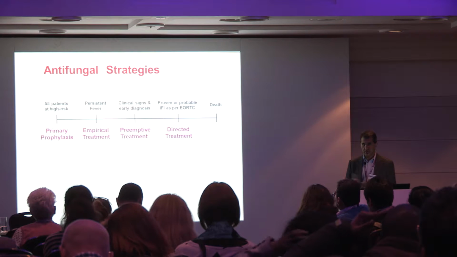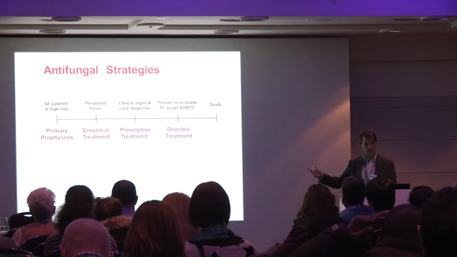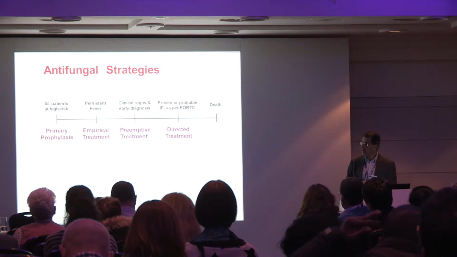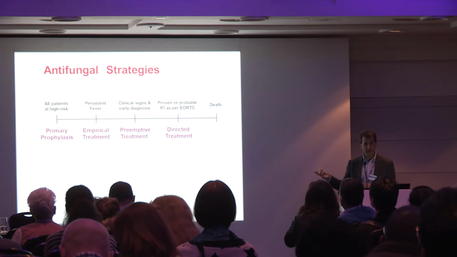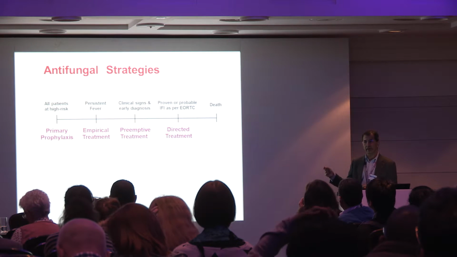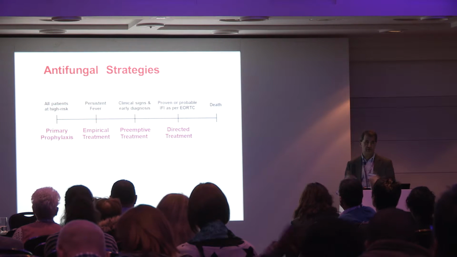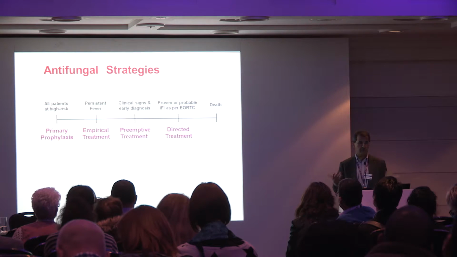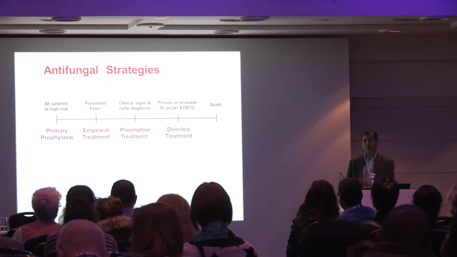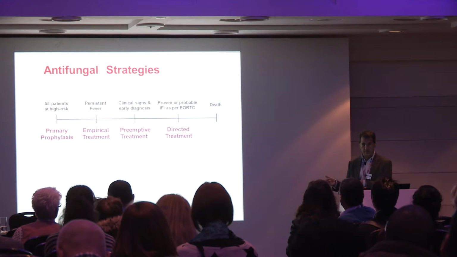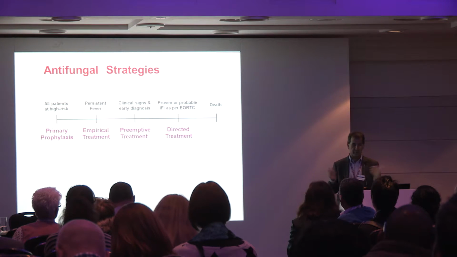So strategies. We have a number of strategies we could use in the high-risk populations that I've referred to. The first point to start with is prophylaxis, primary prophylaxis. And really for me, primary prophylaxis is the only term that I think we can easily define, because very simply, you give a preventive drug, you hope, to the population that you think is at high risk of the problem. So that's easy. Everything that comes after primary prophylaxis is up for grabs.